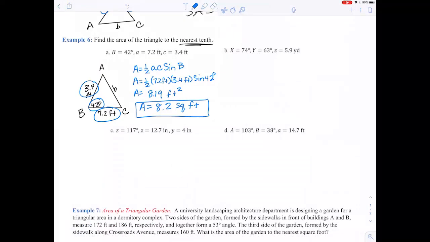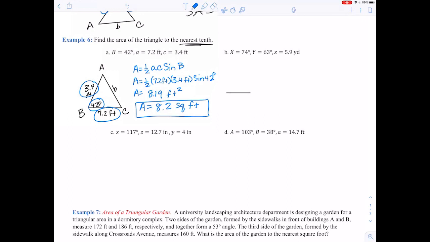Let's take a look at the next problem here. It says we have x is equal to 74 degrees, y is equal to 63 degrees, and z is equal to 5.9 yards. So we have two angles and a side. That's definitely not side angle side, so let's draw a depiction.